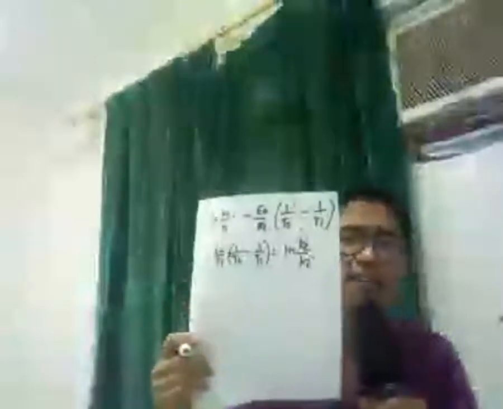So that's the purpose: you need to simplify the side so that you have what you want in your equation. Okay, that's the technique.